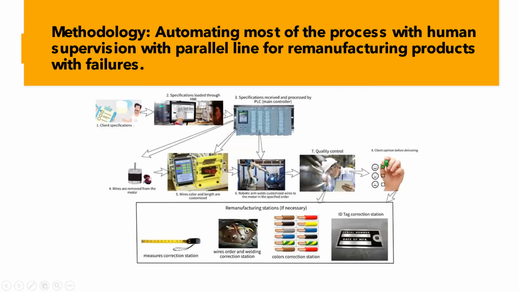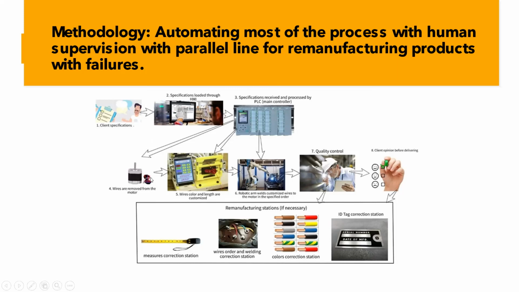Now, for the methodology, we try to implement this process by including machines in every part of the process, like receiving all the specifications from the customers in an HMI, and this information has to go to a PLC, which will be in charge of distributing all the information to each one of the machines.